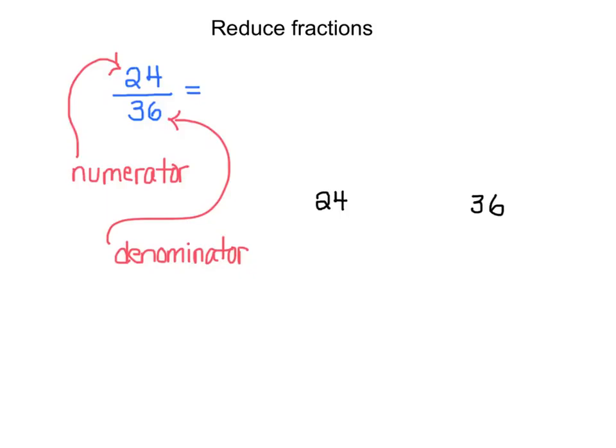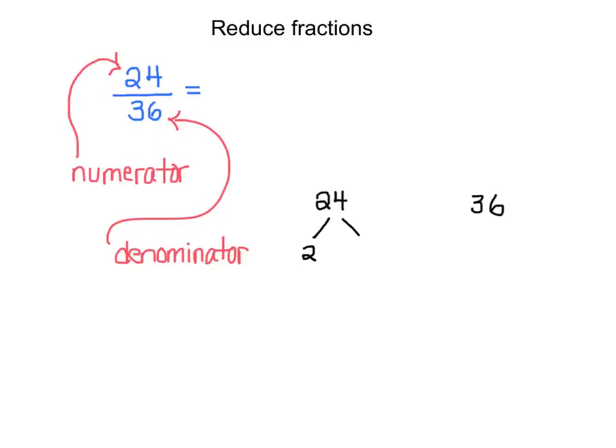To factor these, we want to start pulling out all the prime numbers. The first prime is 2, and a prime number is a number that is equal to only the product of itself and 1. It is not equal to the product of any other two numbers.